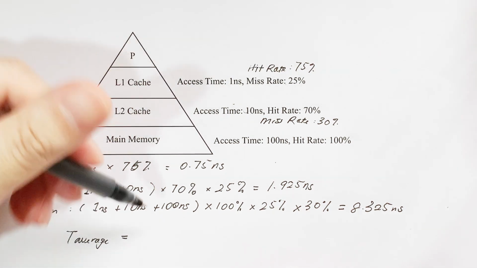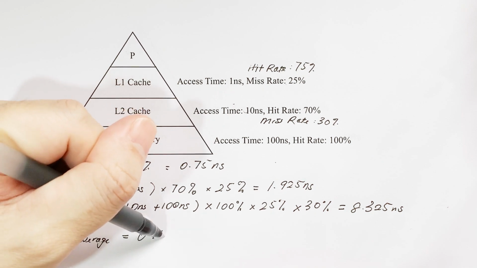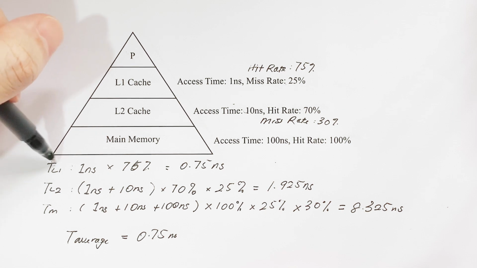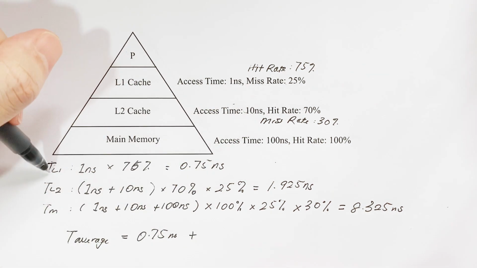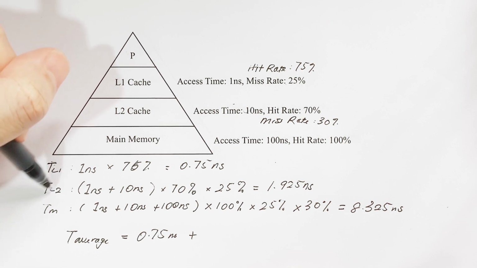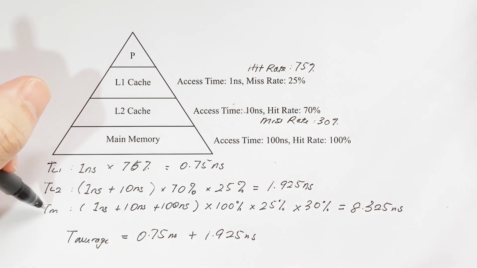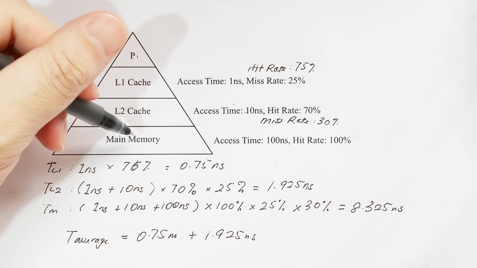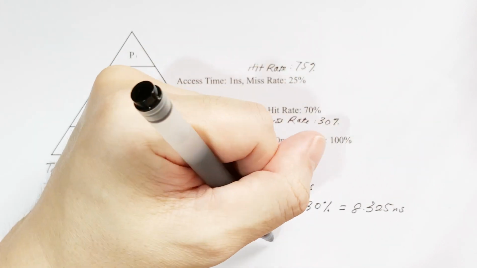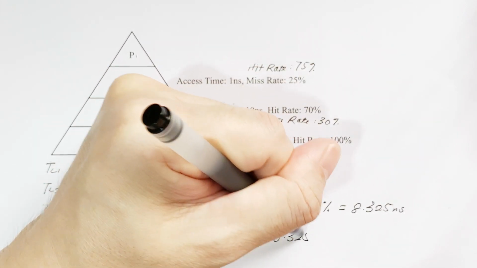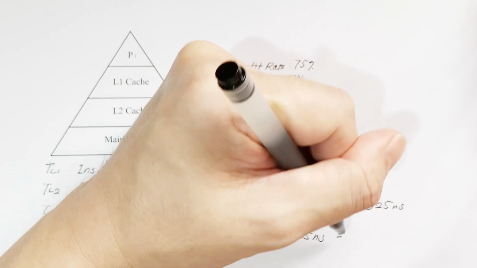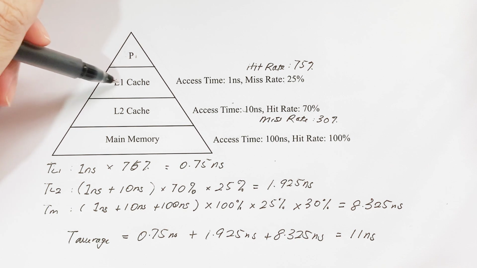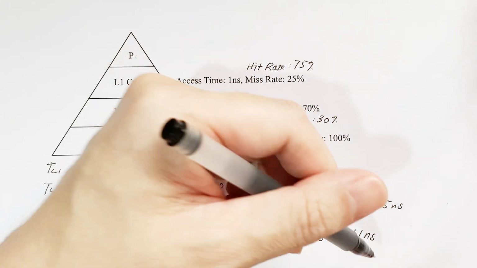So the average time for this system will be 0.75 nanosecond from the time where it can get the data immediately from the level 1 cache, plus the time when the data can be retrieved from the level 2 cache, and lastly, when the data is not available in either cache, where the processor will have to go and fetch it from the main memory, where the time will be 8.325 nanoseconds. Basically, the average time a processor could get data from either level 1, level 2 or the memory will be 11 nanoseconds.